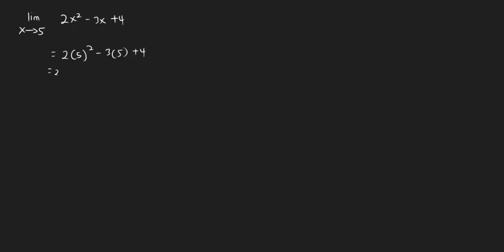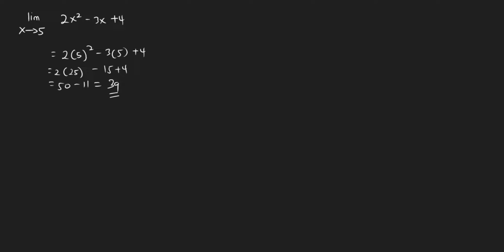We have 2 multiplying 5 squared, and 5 squared is 25, minus 3 times 5, which is 15, plus 4. So I'm going to have 50 minus 11, which gives me 39. That will be the limit for this function.